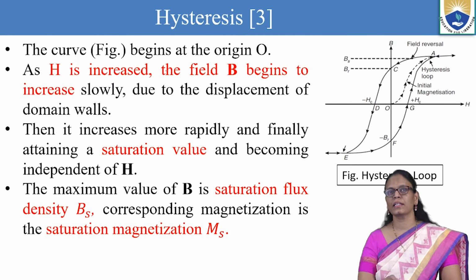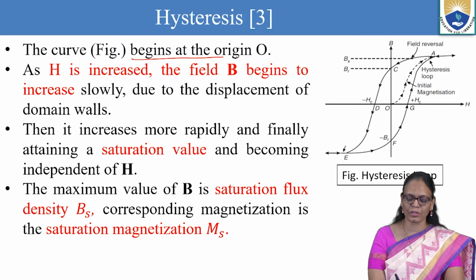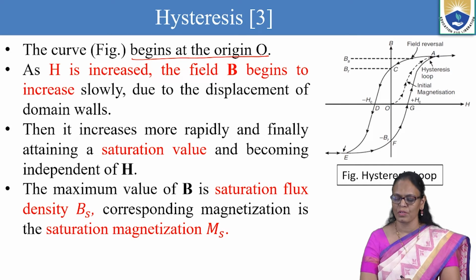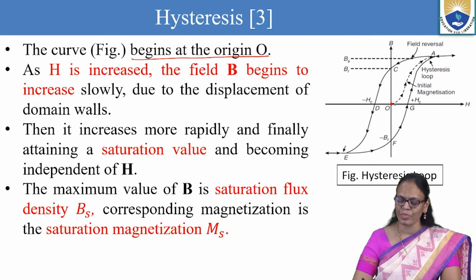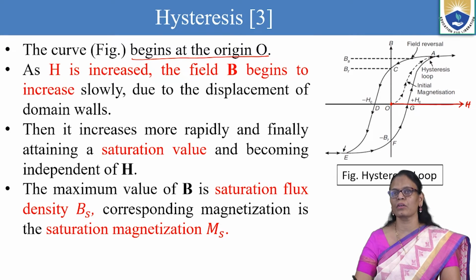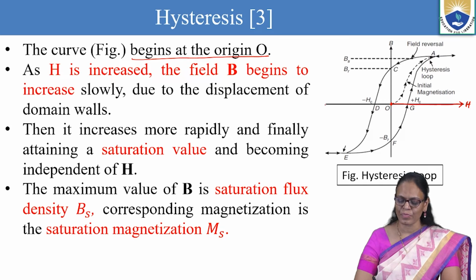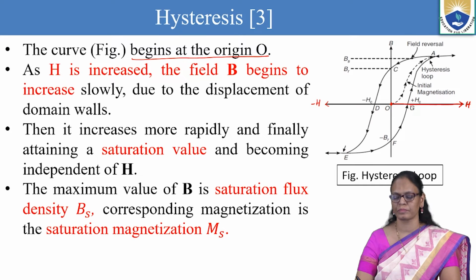Now let us see the curve that begins at the origin O. We are starting from this point O. We take the field intensity H along the positive x-axis, and along the negative x-axis we take minus H, the applied field.